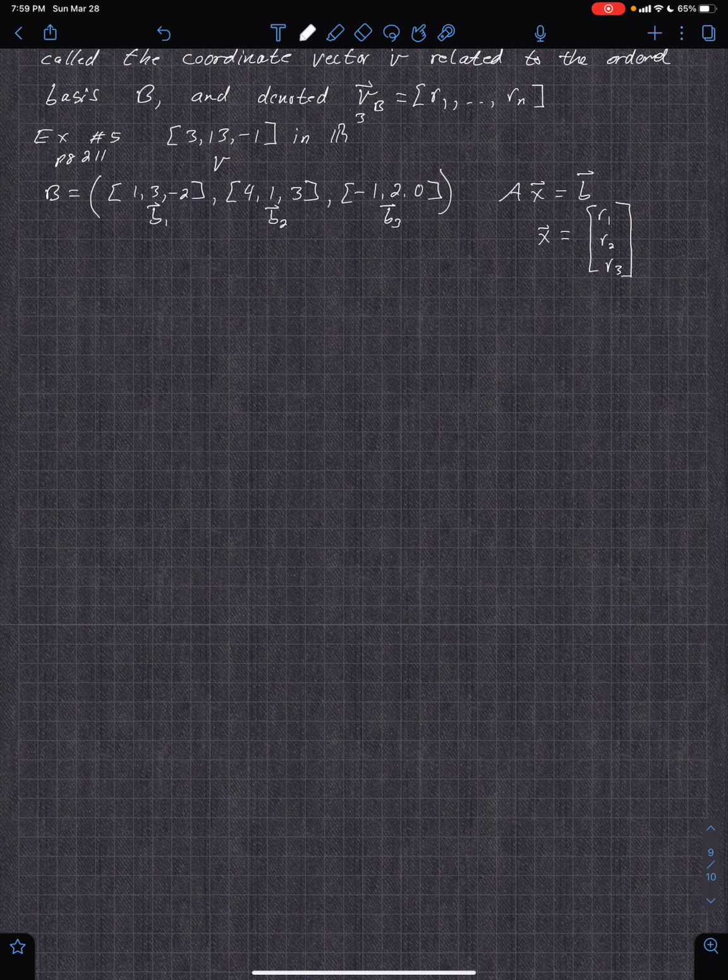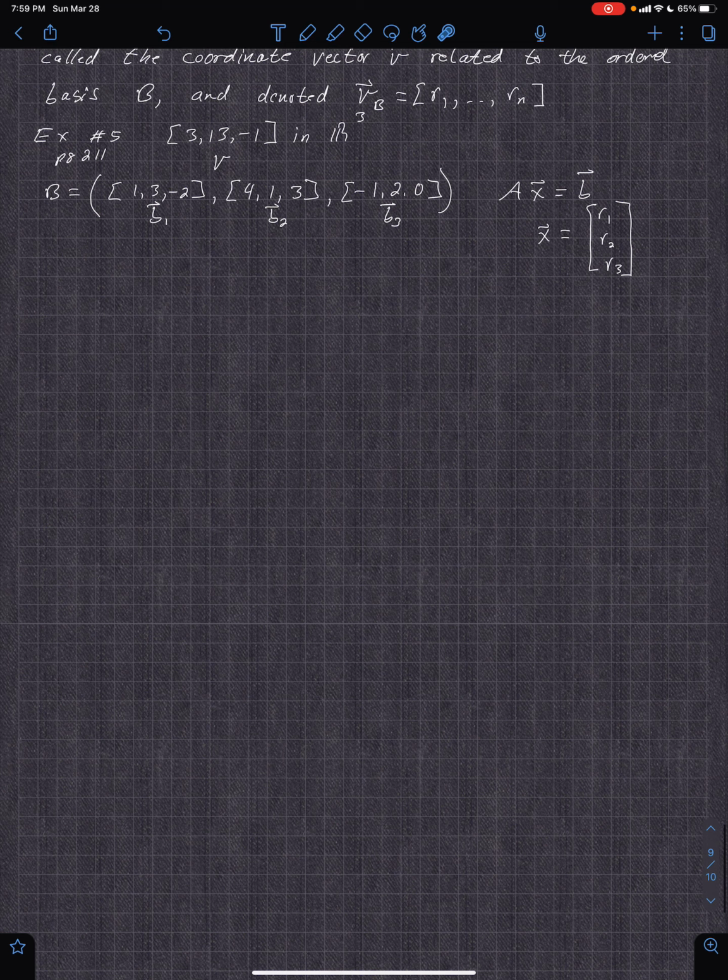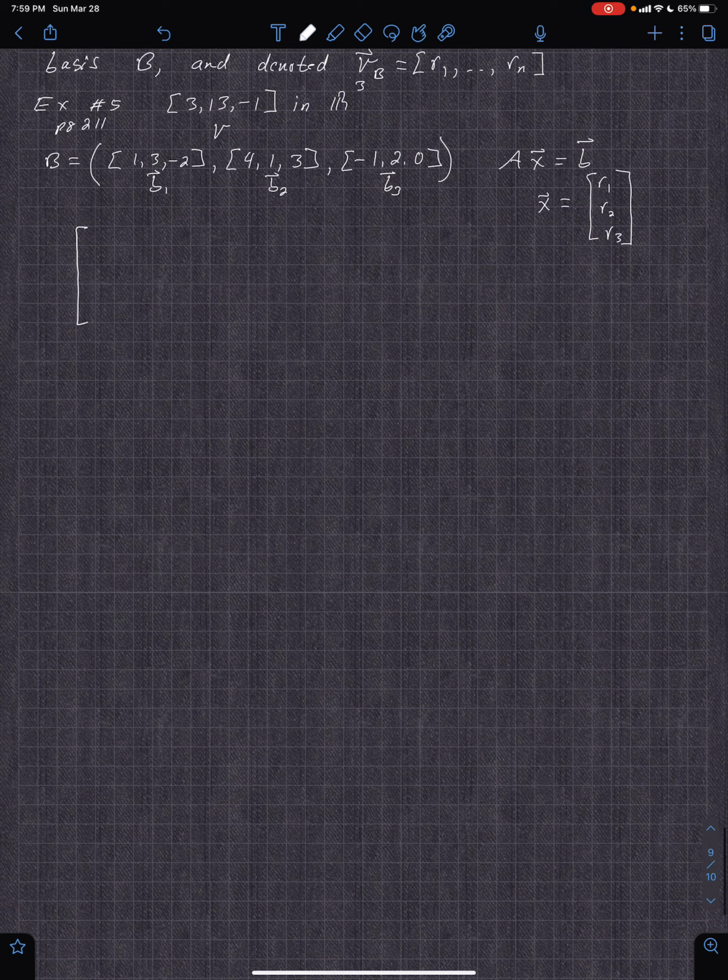Those are your coefficients of these to equal that. Your matrix will be, we'll set it up ahead of time, 1, 3, negative 2, 4, 1, 3, negative 1, 2, 0. And this is 3, 13, negative 1.